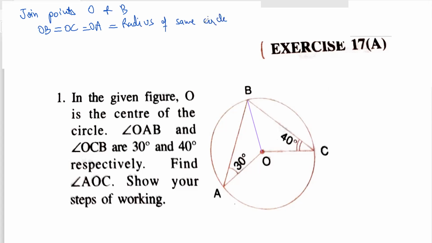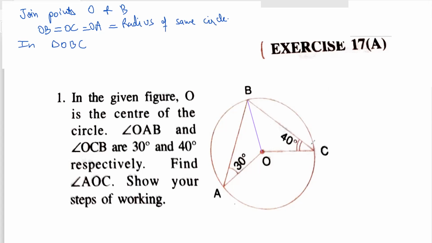Okay, fine. Now look at triangle OBC. In triangle OBC, can I say that OB is equal to OC? Yes, OB is equal to OC because they are the radius of the same circle.